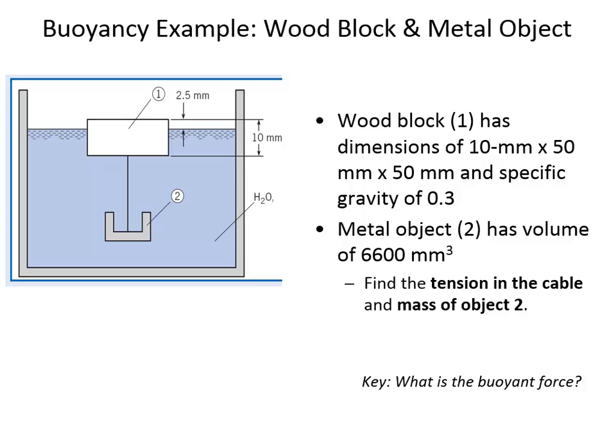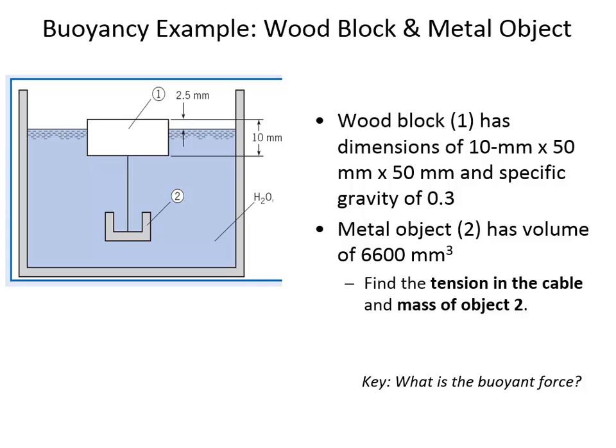We've got our block. There's the tension in the cable. There's the weight of the block. And then there's buoyant force. Now, don't be alarmed by the fact that I drew the buoyant force off to the side. That's just because I wanted to put the tension in the middle. It's a vertical force balance that we're doing, so it doesn't matter that I've moved that buoyant force off to the side a little bit.